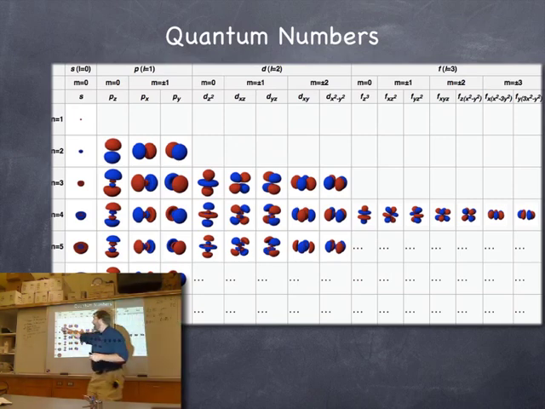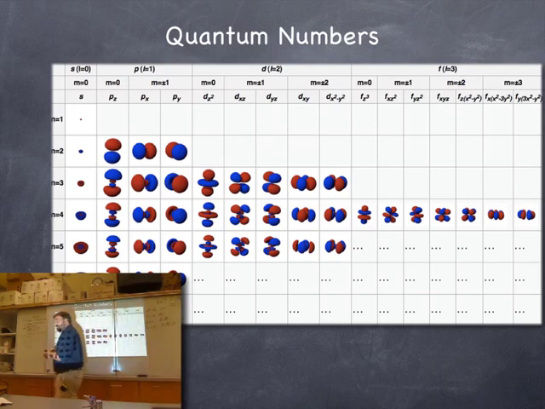You get an s and the p's. And then here, n minus 1 is equal to 2, so my l can be equal to 0, 1, or 2. Okay? So as your energy levels get higher, there are more and more regions of space where the electrons can be at that energy level.